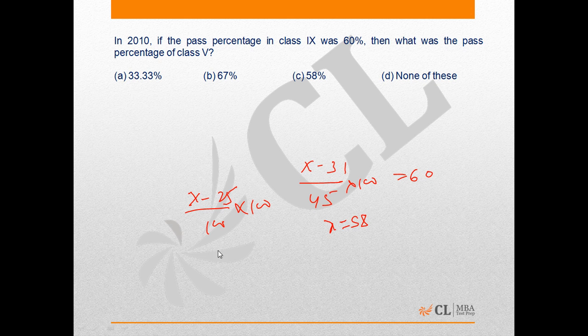Here X is 58, so (58 minus 25) upon 100 into 100, this is equal to 33%. Therefore, option D is the correct answer.